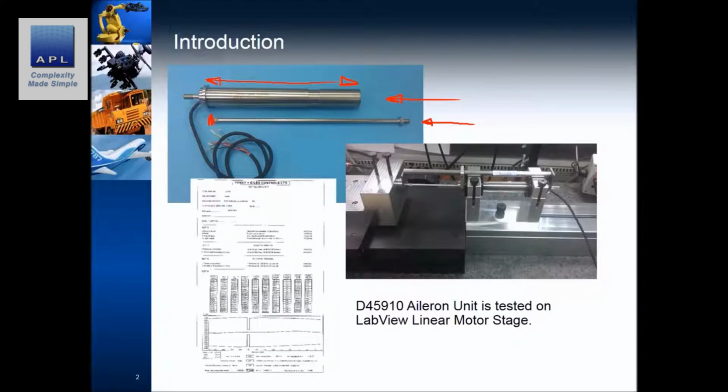That's the product. Here's the product sitting on the test jig, and what the test jig is doing is moving the part a known distance and then making sure that the zero position is correct. So it's looking for a particular zero position, and that's what the product has got to do once it's assembled. So very, very straightforward.